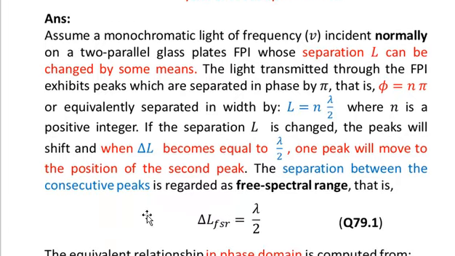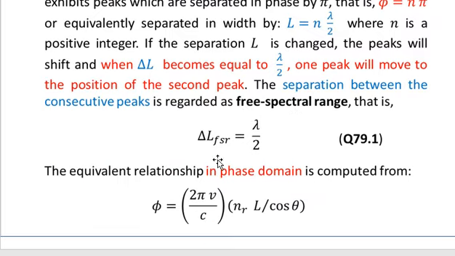The separation between the consecutive peaks is regarded as the free spectral range, that is delta L with a subscript of free spectral range is equal to lambda by 2. I shall read it as delta L FSR is equal to lambda by 2.